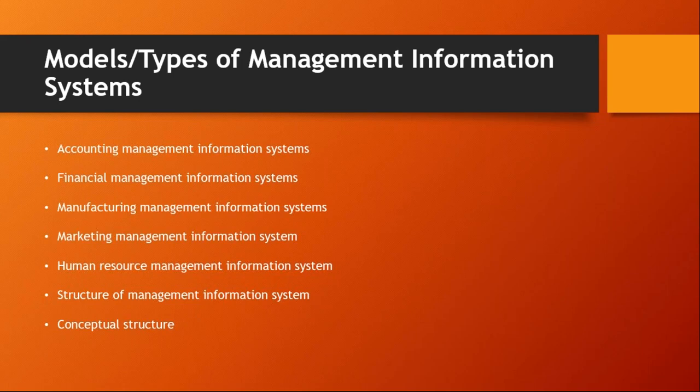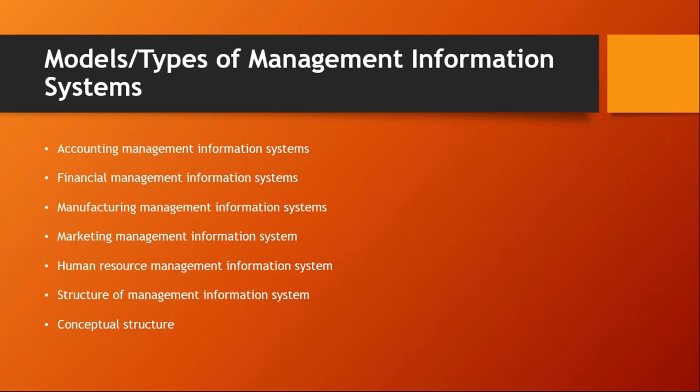After the transformation has taken place, this product or service needs to reach your customers. So we use the marketing management information system to disseminate these products or services to your customers.